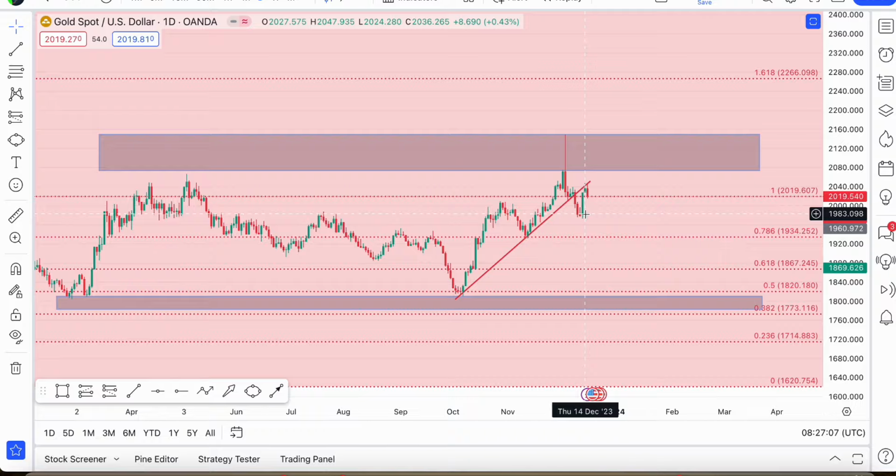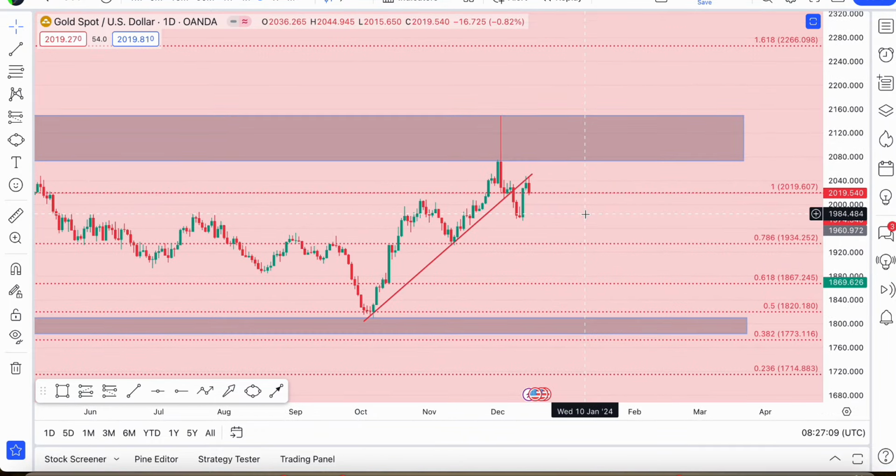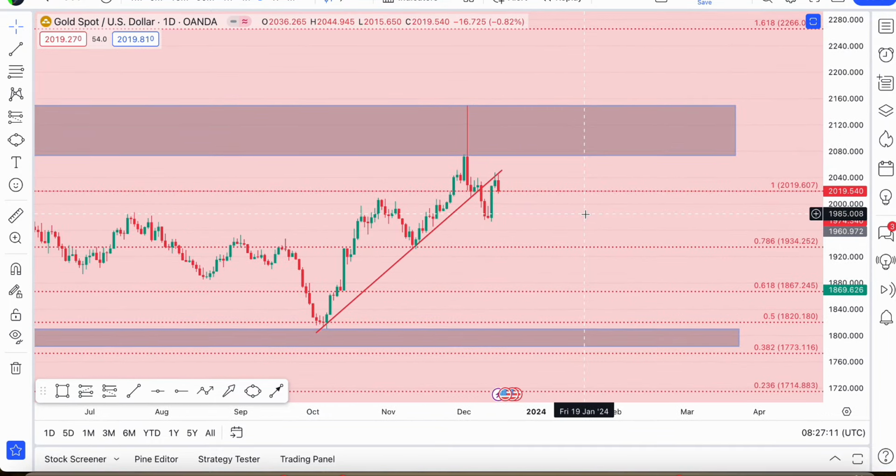So the next immediate natural happening around gold, that's XAU USD, would be that this market, if it reverses here, is going to trade into this box. Now it will trade into this box, and if it breaks this box, it is heading towards the 2266 zone.